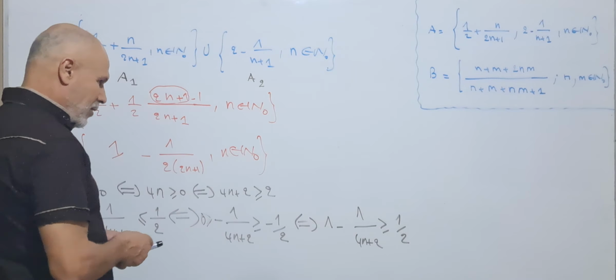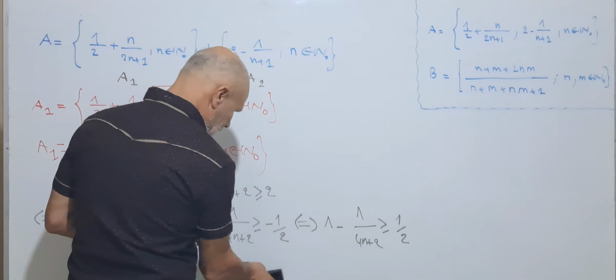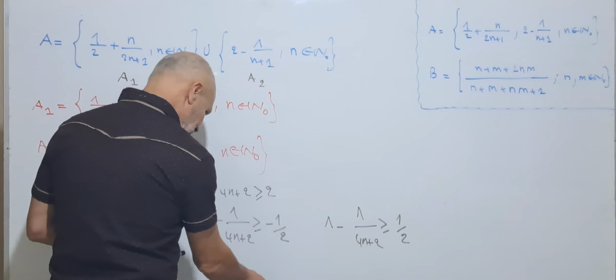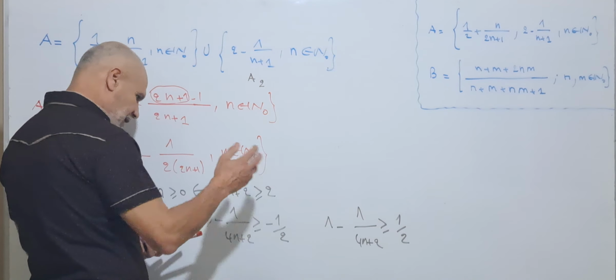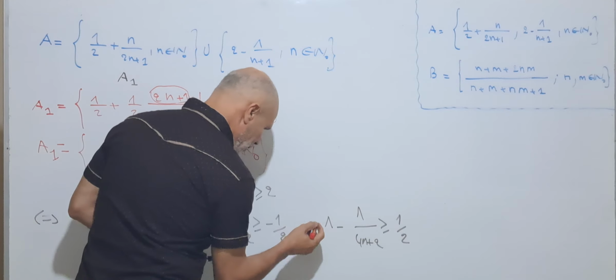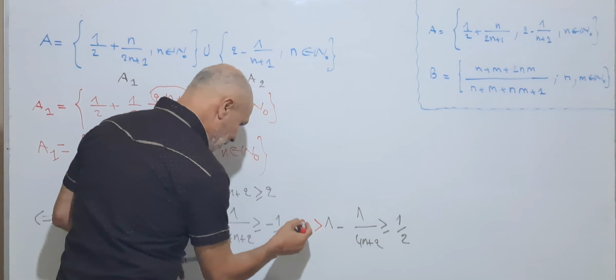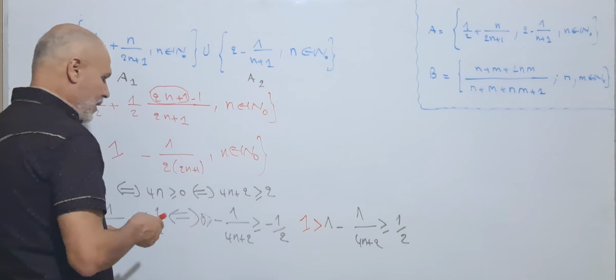If we add 1 to each inequality, we get here strictly less than 1.